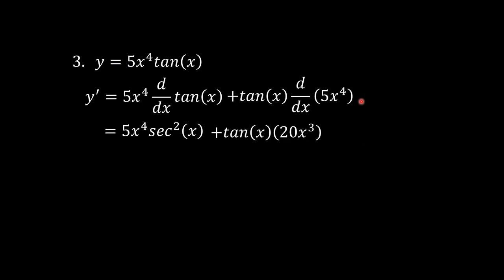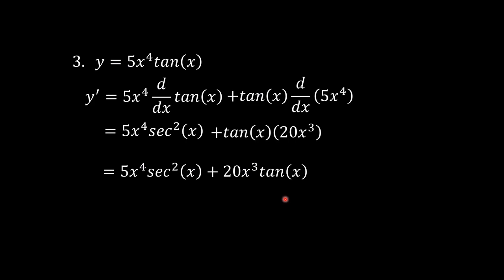The derivative of 5x raised to the exponent of 4 using the power rule is 4 times 5 is 20, and then subtract 1 from 4, x cubed. So 20x cubed. This is now equal to 5x raised to the exponent of 4 secant squared x plus, write 20x cubed before tangent x.